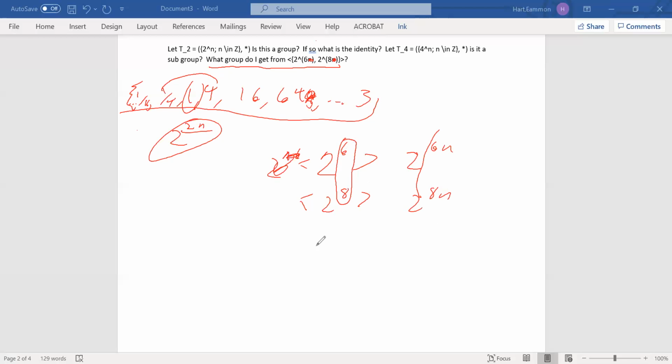Because I can do 2 to the negative 6 times 2 to the 8, which is equal to 2 to the 2. And then I can use this to generate all the elements of this, and many more elements. This just follows as a consequence of the Euclidean algorithm.